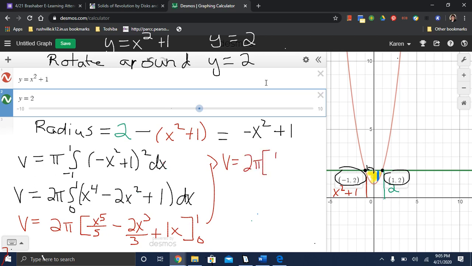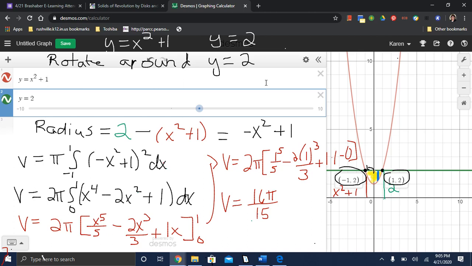We'll be plugging in 1. So 1 to the 5th over 5 minus 2 times 1 to the 3rd over 3 plus 1 times 1 minus 0. Plugging in the 0 gives us 0 everywhere. And simplifying this and getting common denominators, you would end up getting a volume of 16 pi over 15.